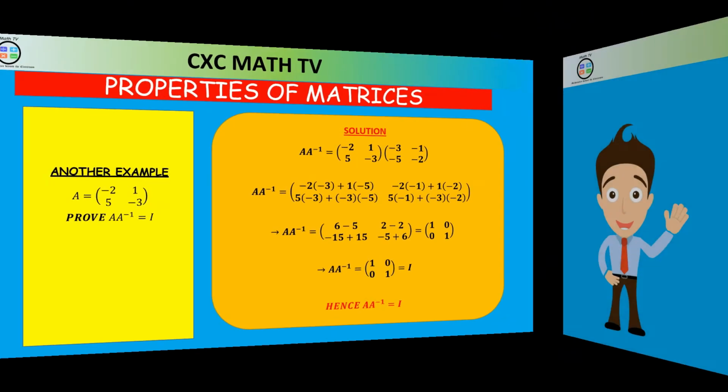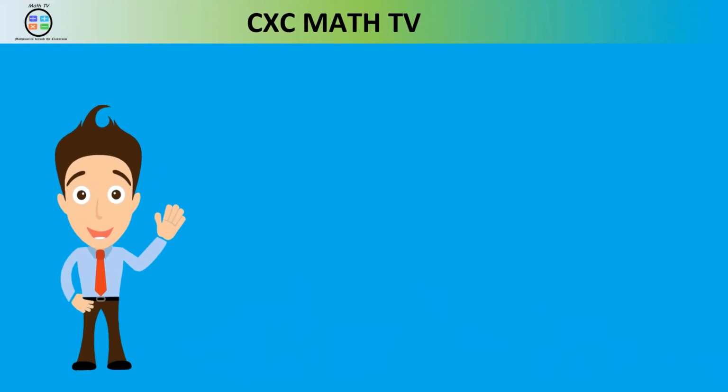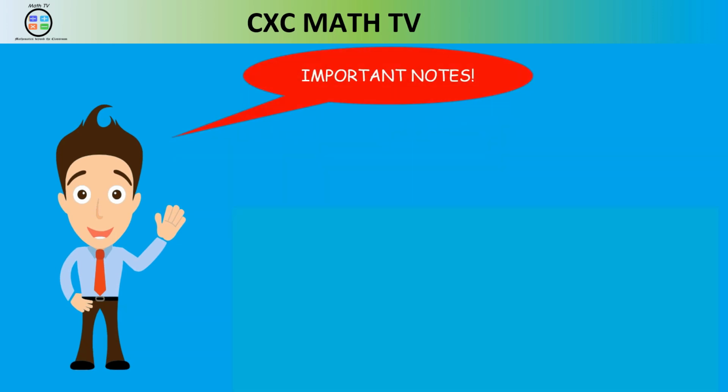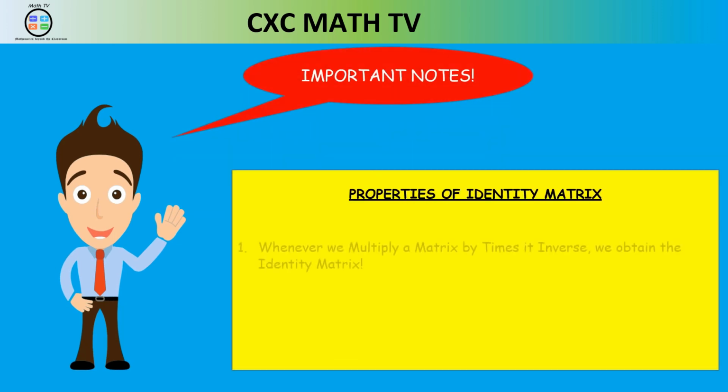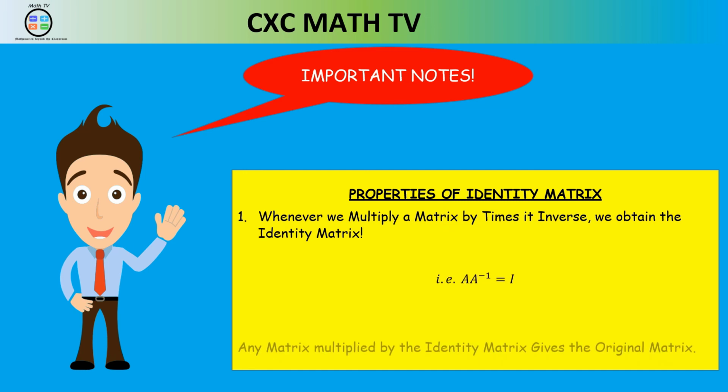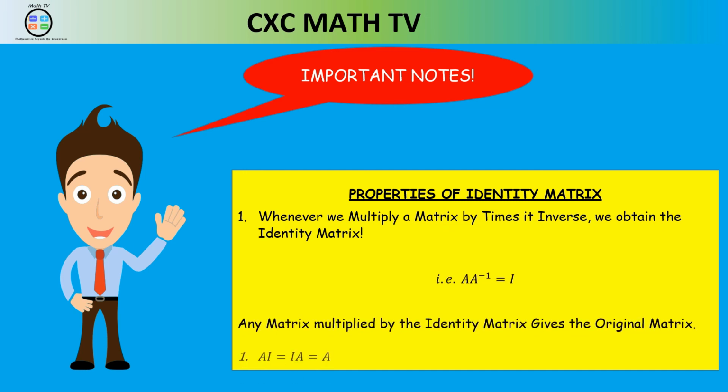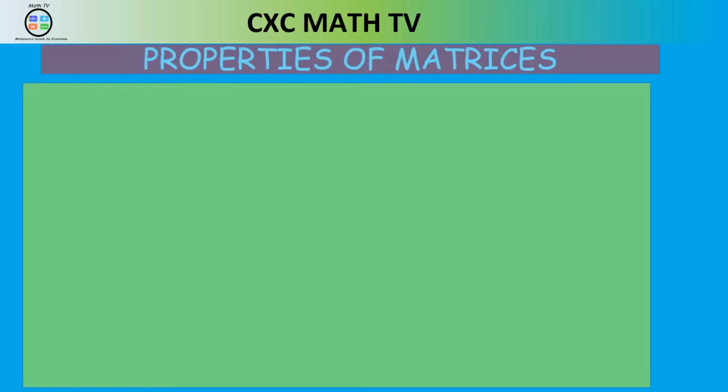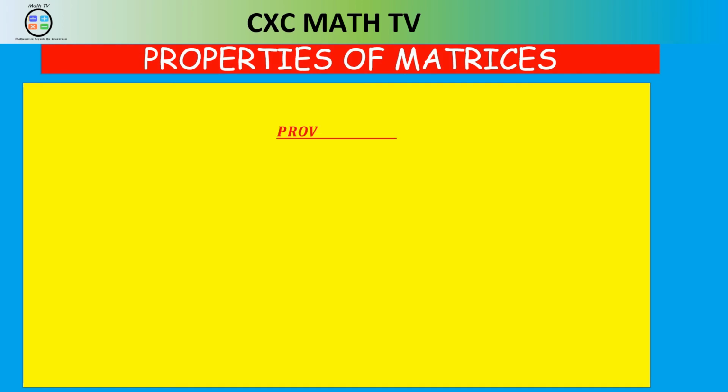Now, what is so special about this identity matrix? Whenever we multiply a matrix times its inverse, we obtain the identity. And also, any matrix multiplied by the identity matrix gives back the original matrix. For example, the same A, negative 2, 1, 5, negative 3. We're going to prove that when we multiply A times the identity matrix, we're going to get back A. So negative 2, 1, 5, negative 3 times 1, 0, 0, 1.